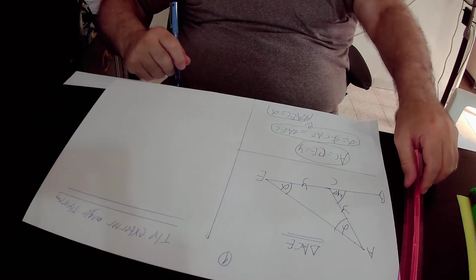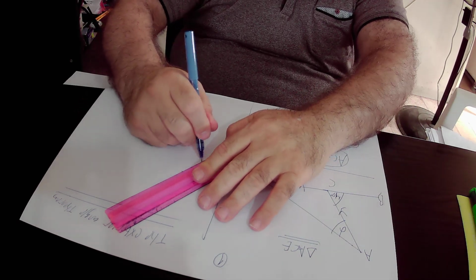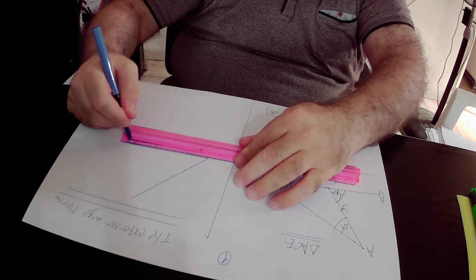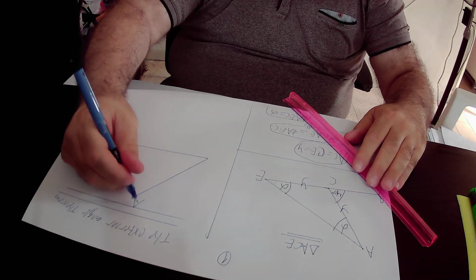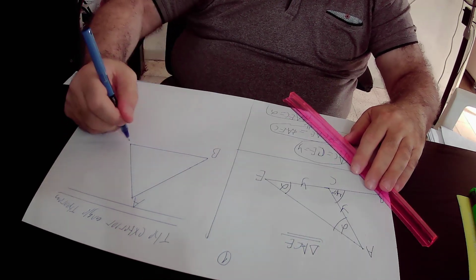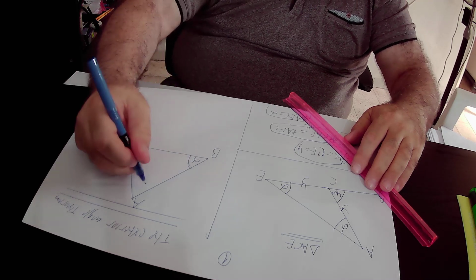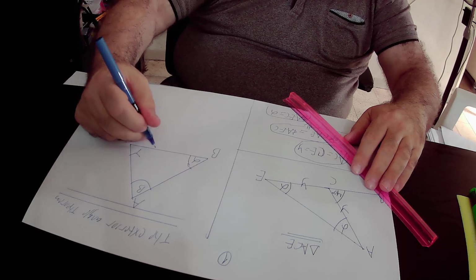So the exterior angle theorem is true in any triangle. So we have here triangle ABC that could be any triangle. In triangle ABC, this angle equals alpha, this angle equals beta, and this angle equals gamma.